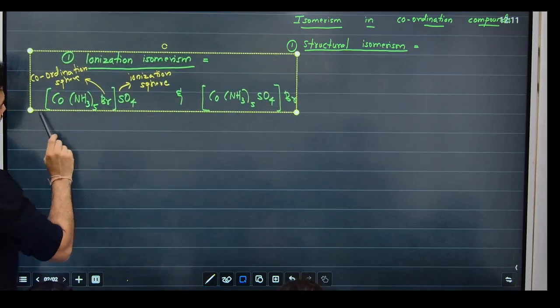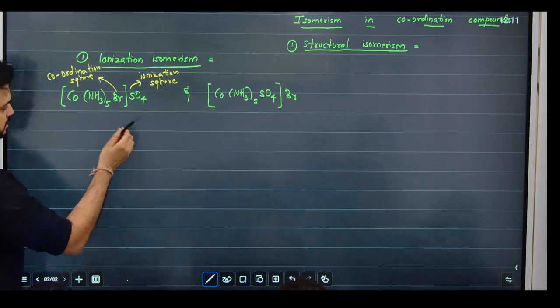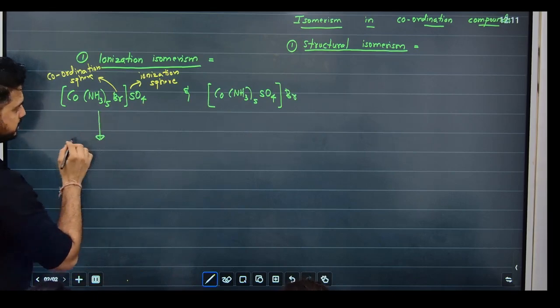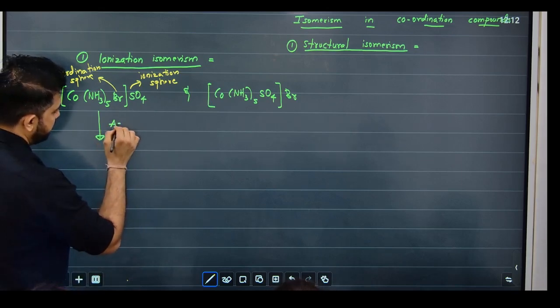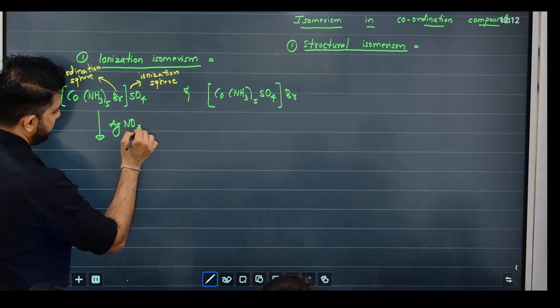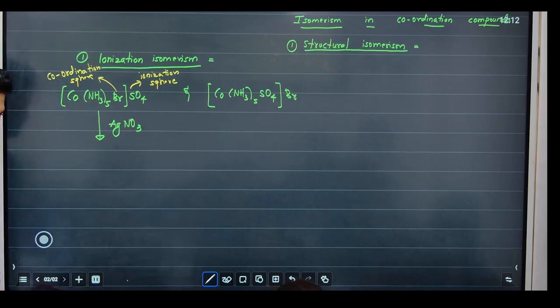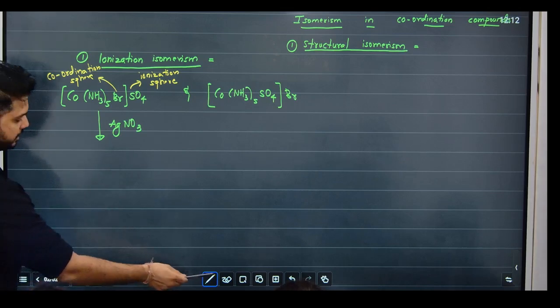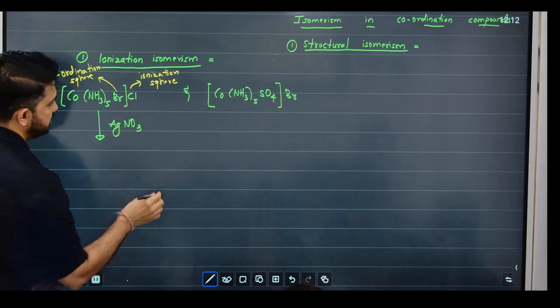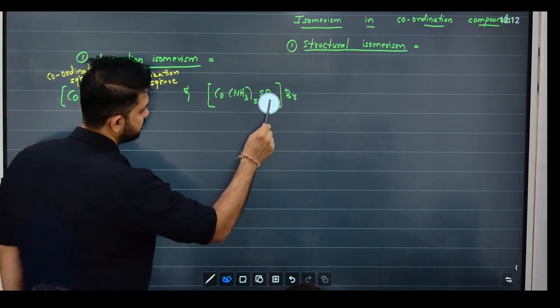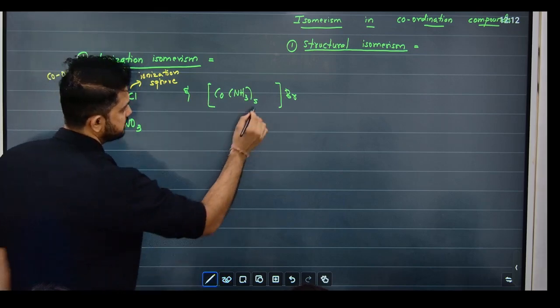Now I want to test these. So let's say if I treat this with excess of AgNO3, ठीक है. So what will I get here? और let's say कि मैं इसको change कर देता हूँ कलर के लिए. I'll put Cl here. और यहाँ पे क्या हो जाएगा फिर? Cl.